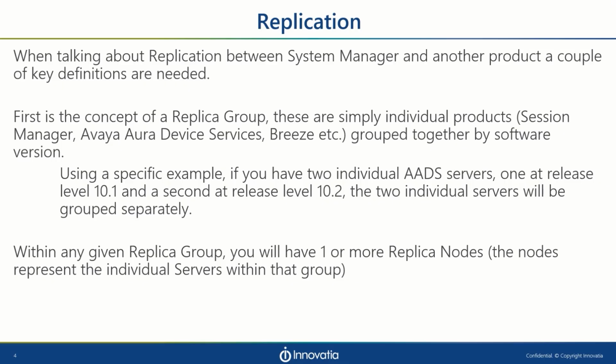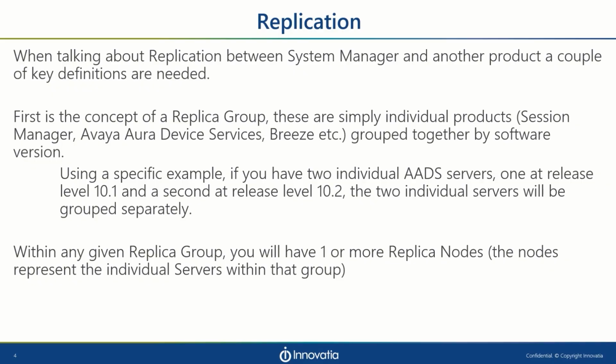Both of the replica groups would be labeled as Session Manager replica groups, but they are further categorized by their release level. So if you're in the replication element within System Manager, you'll first see all of the different replica groups that have been created. If you click on one of these replica groups, you'll see all of the various products within that particular group.